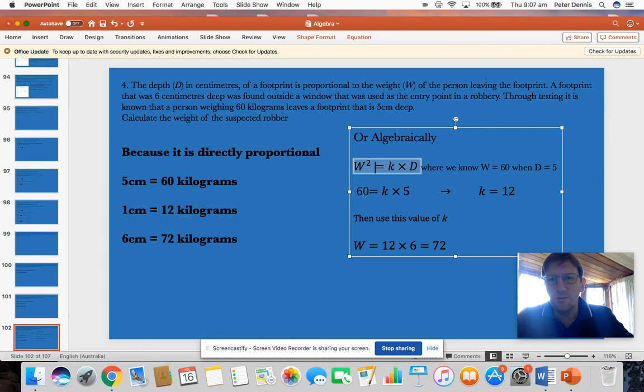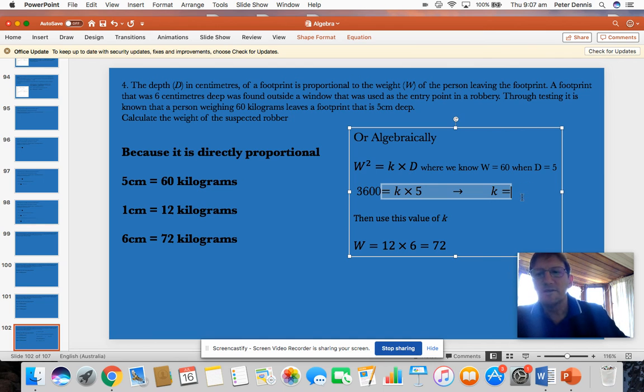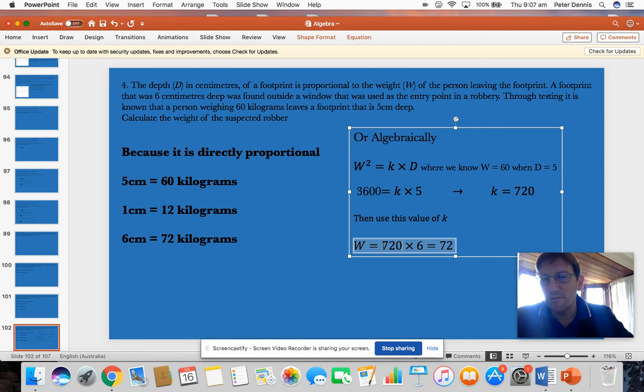Suddenly you'd have to square this to give 3,600. And so K would be something totally different. K would be, you're asking a bit now, 720, I think. Okay, and then you'd have to do something down here. So suddenly K is 720. And you'd have to muck around with that. And this is W squared.